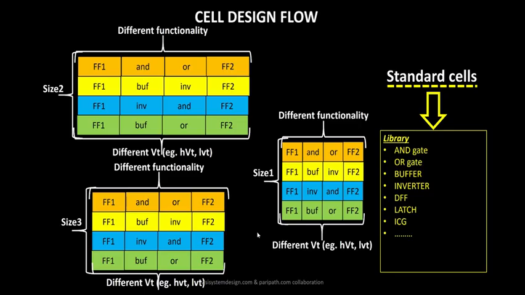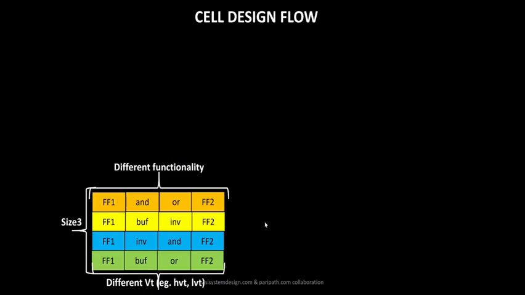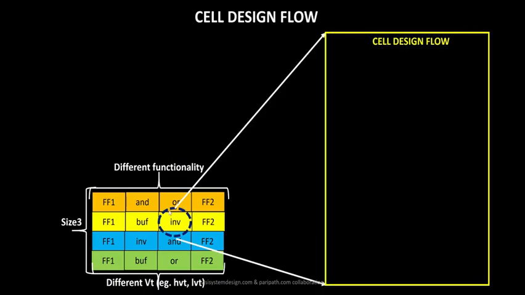The next step is to look into one of the inverters. If you take this particular inverter, you will be amazed to see the cell design flow, and how this inverter comes into the picture so that it is understandable by a typical EDA tool. For us, this inverter is nothing but a single input cell, but for an IC design flow, it has something else to do with it.